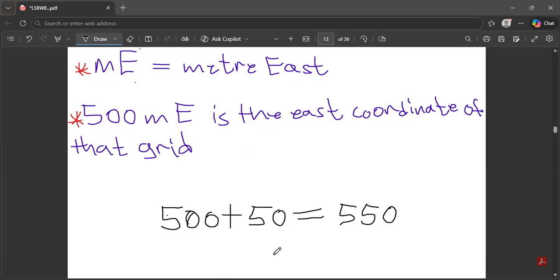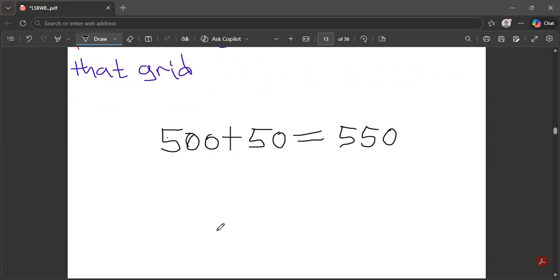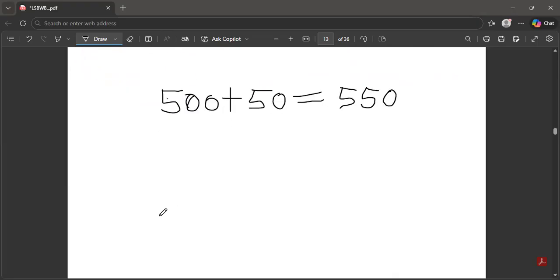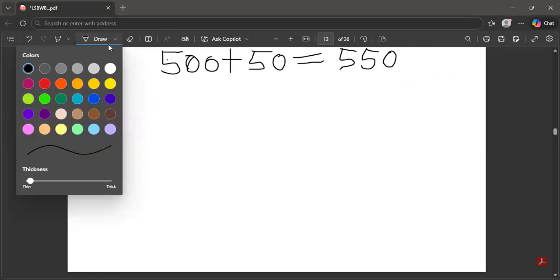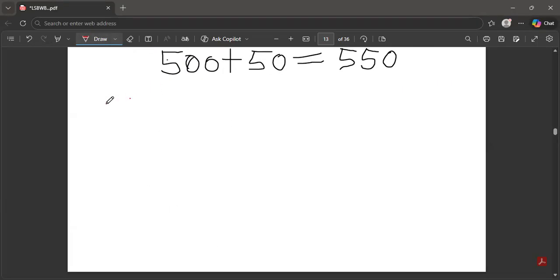Exactly. So finally, we can just write the new label, 550 meters. And you see, therefore the new grid line will be labeled as that. So let me put this over there.